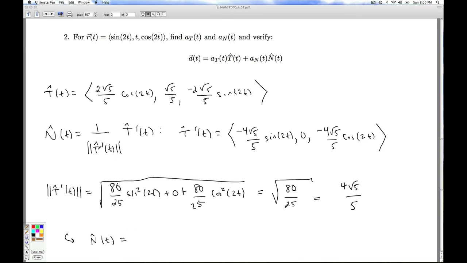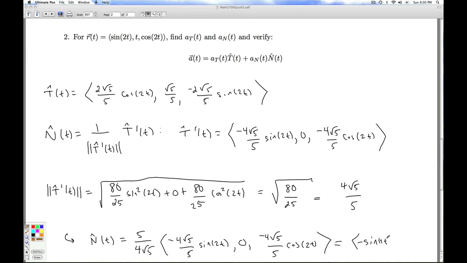It's 1 over this, so it's the reciprocal, which is 5 over 4 square root 5, times this: negative 4 square root 5 over 5 sine 2t, 0, negative 4 square root 5 over 5 cosine 2t. And once again, we take this real number times each component. I get negative sine 2t, 0, negative cosine 2t. All right, so that's N hat.